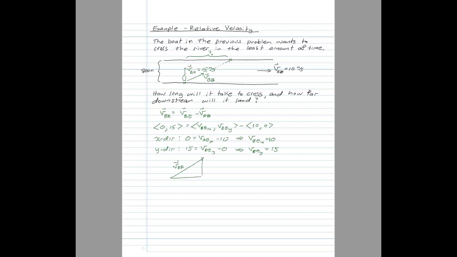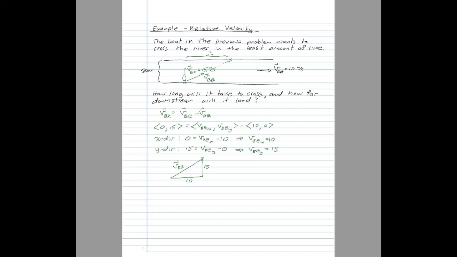Here's the component going across the river. They were 10 and 15. And perhaps you already knew that logically from the original setup of the problem, that the boat had these two components going down the river at 10 and going across the river at 15. But now we just sort of let the math push us in that direction anyway, if you didn't already realize that. But maybe right off the bat you could have already drawn this triangle.